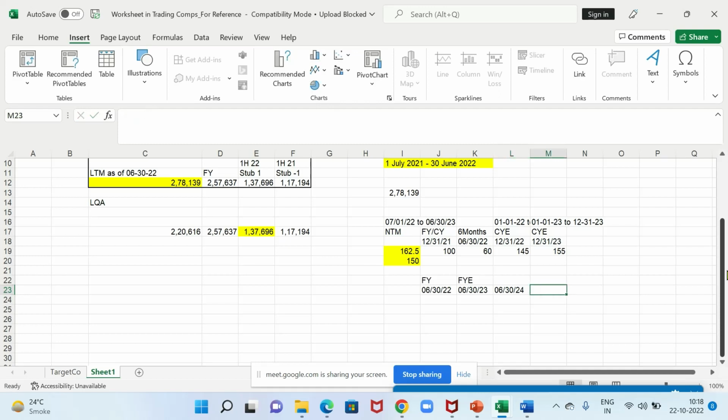Brokers will give in this format: fiscal year ending +1, fiscal year ending +2, okay? This is actual, right? This is 100, this is 120, this is 140. This is how the broker reports will be giving me, in fiscal year format only. So for that I would then use this method.